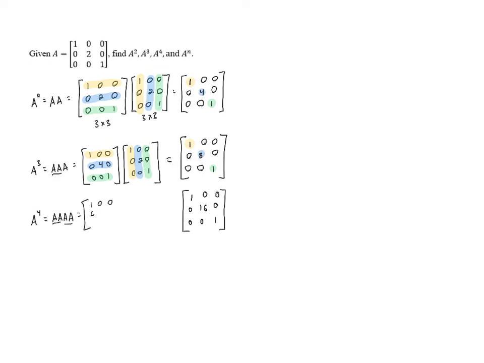So we could write out A squared times A squared as a product of those two matrices. And if you go through and do the inner product, you will end up getting exactly what we expected. This 16 comes from taking 4 times 4 when we look at the inner product of the second row and the second column. And so we can see enough of a pattern now to figure out what A to the nth power is going to be.